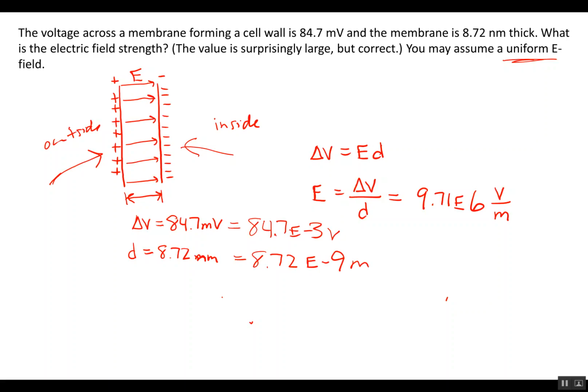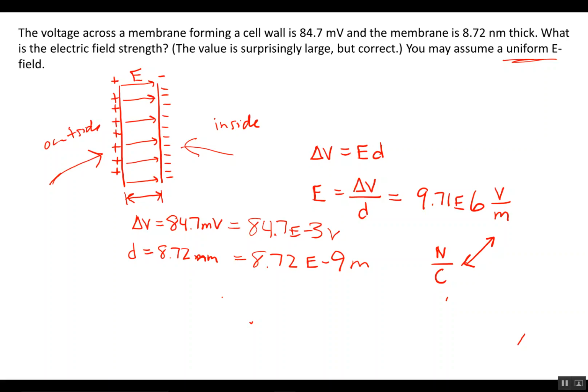Now, the units here are volts per meter. Remember that another unit for electric field is newtons per coulomb, and they're equivalent. You can convert newtons to base units and volts to base units, and you can reorganize, and you can see that volts per meter and newtons per coulomb are exactly the same units, just in different combinations.